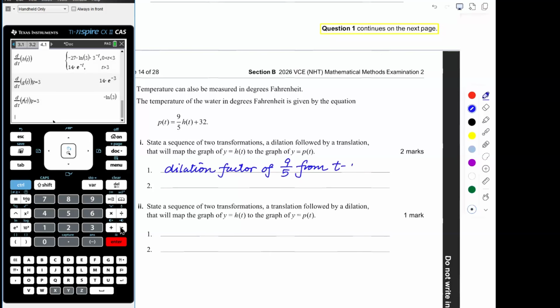Then you say a translation by 32 units upward. Alternatively, if you want to use a translation first, then a dilation, you have to factorize this function. For example, P(t) is going to be 9/5 h(t) plus 160/5, and you have to take 9/5 out.